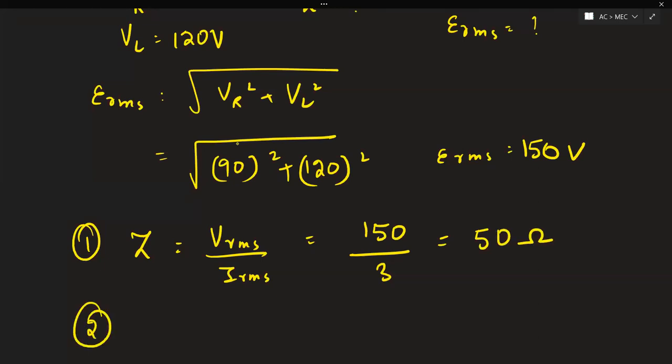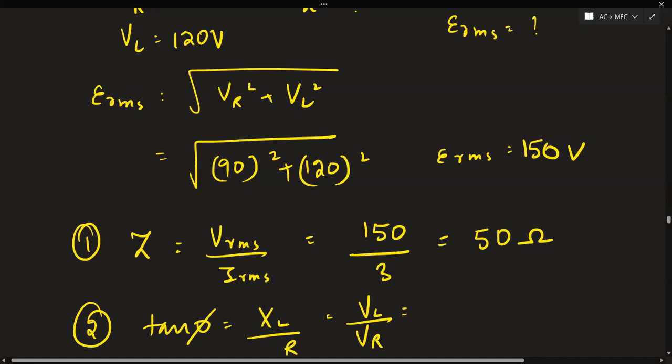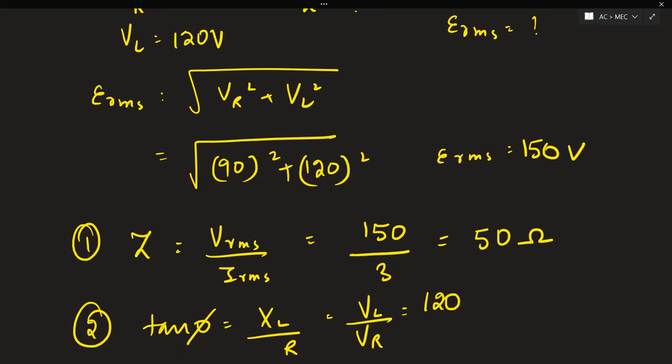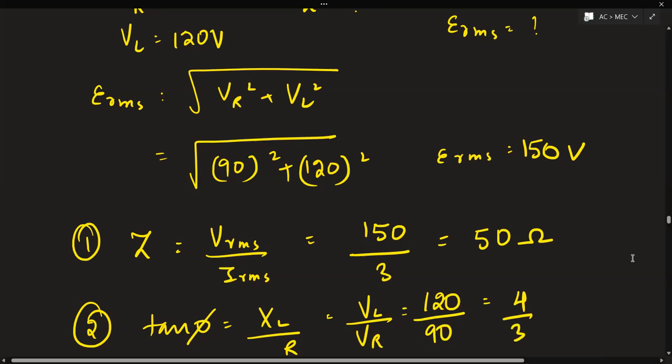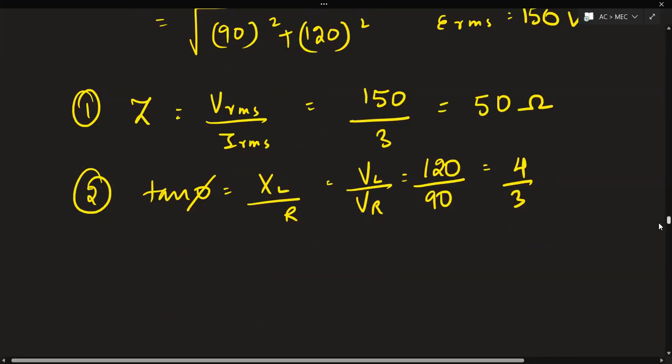Secondly, for the phase angle, see, tan phi is equal to XL divided by R. We do not have any information regarding XL, so instead we can write VL divided by VR. This will be equal to 120 divided by 90, which is 4 by 3.